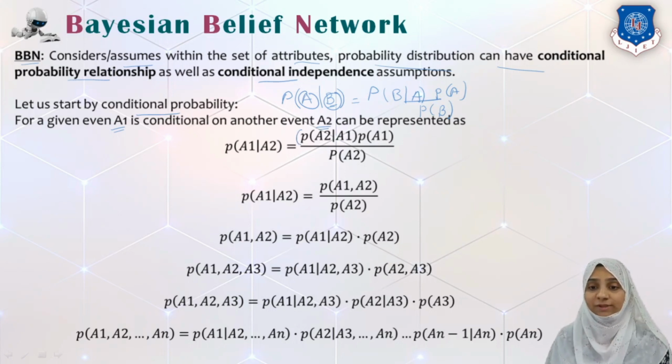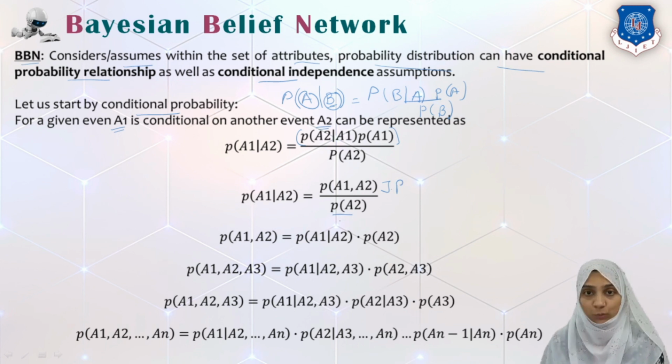Now, we know that the probability of A2 given A1 into the probability of A1 is nothing but a joint probability. So, instead of this numerator, we substitute the joint probability. The probability of A1 given A2 is equal to the probability of A1, A2, that is the joint probability, divided by the denominator as it is, the probability of A2.